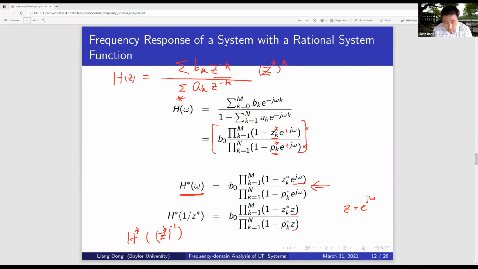Okay. So I'm using z conjugate to the power negative 1 and putting it into this format. So that is equal to this.